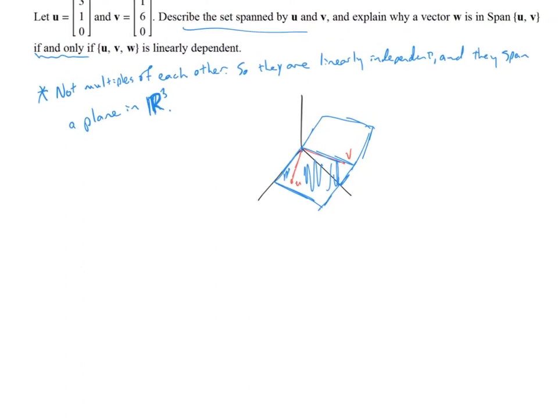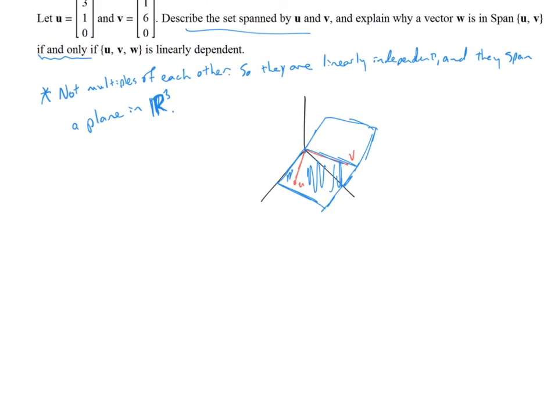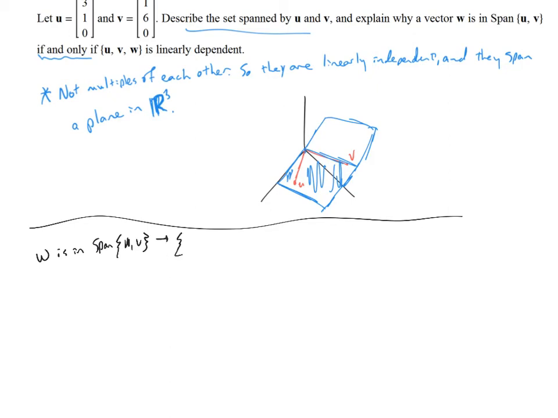What we have to show is that w in the span of u, v means that u, v, w is linearly dependent.